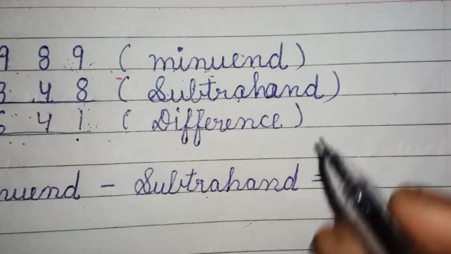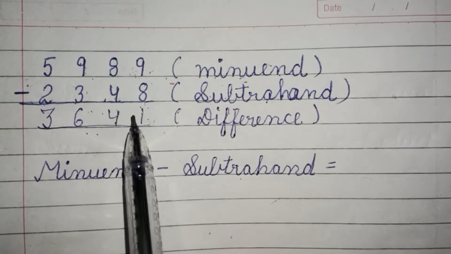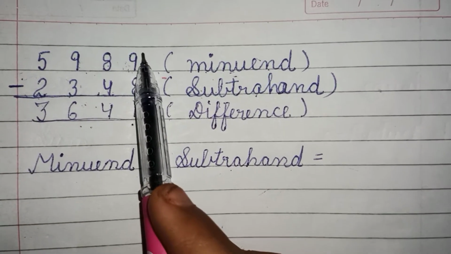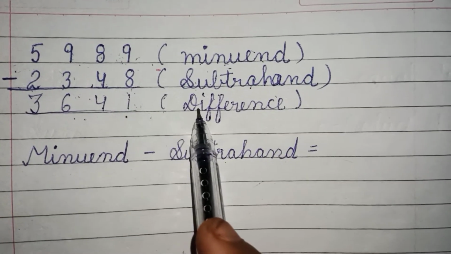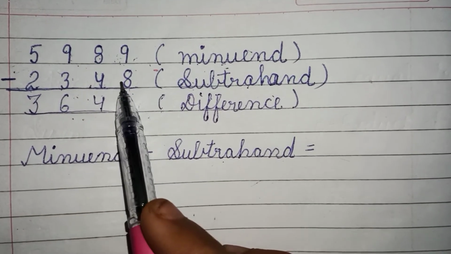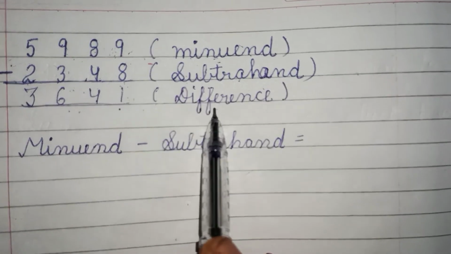Okay. Children, when we subtract a smaller number from a bigger number, the result we get is called the difference.